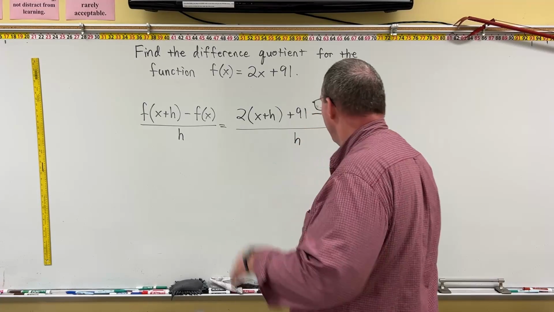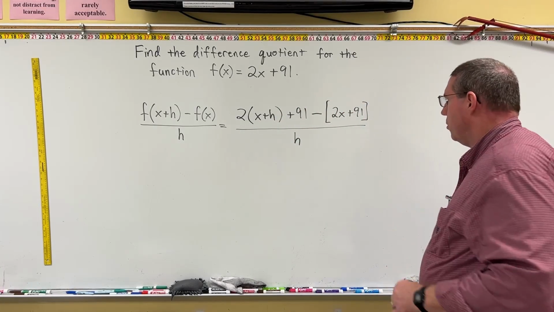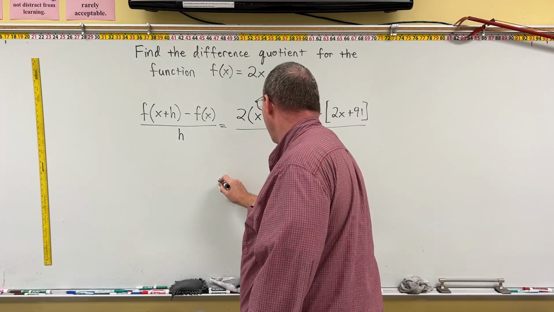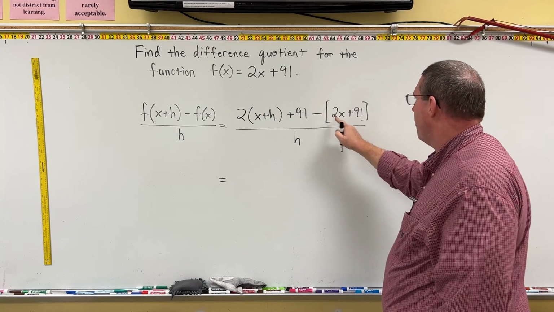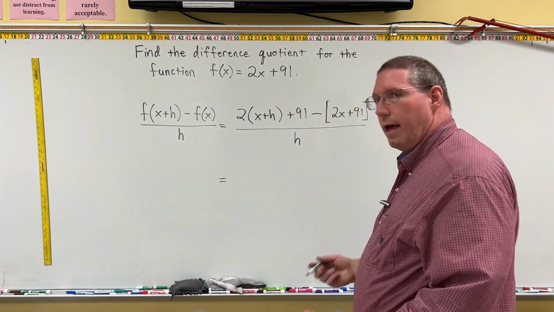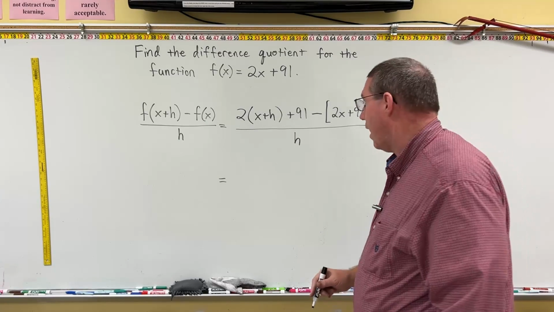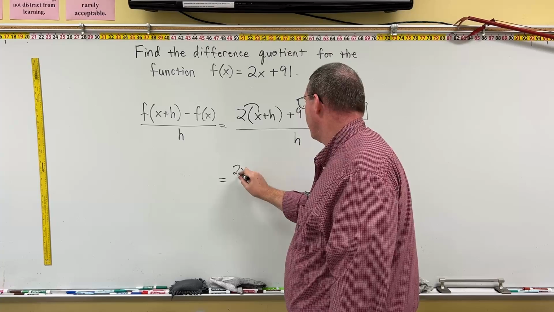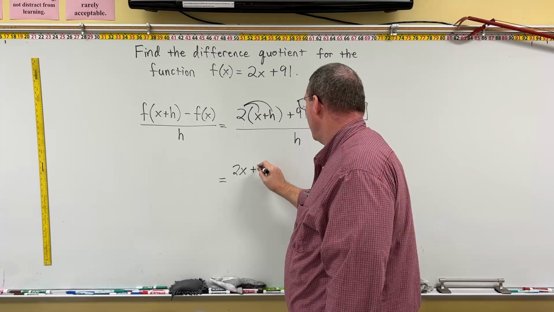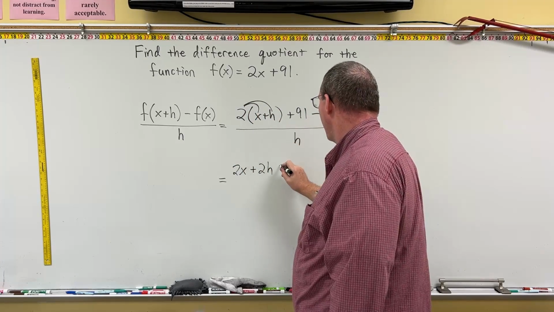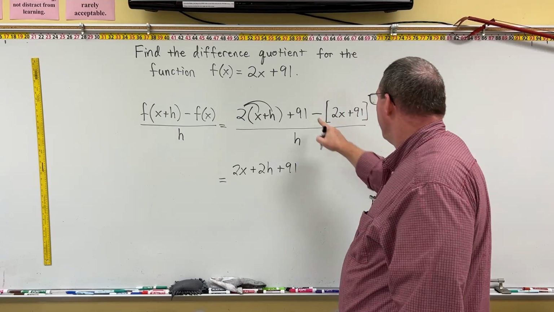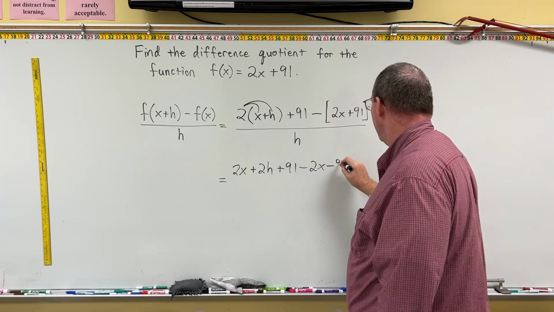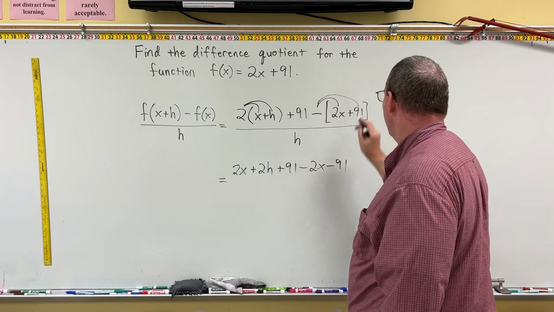Okay? Now, the next thing we're going to do is distribute the 2 over the x plus h, and distribute this negative over 2x plus 91. And you're going to see something really neat happen. So 2 times x is 2x, 2 times h is 2h, plus 91, minus 2x, minus 91, we're just distributing the negative, okay?